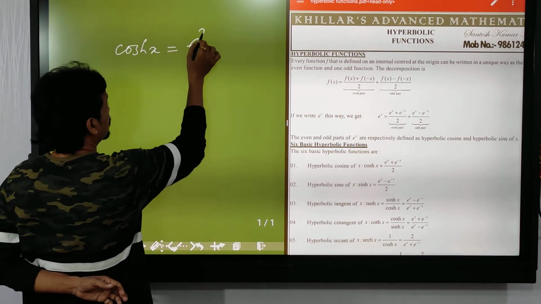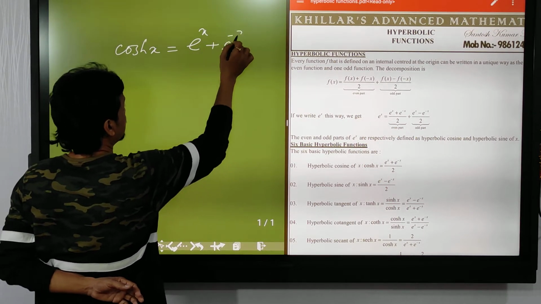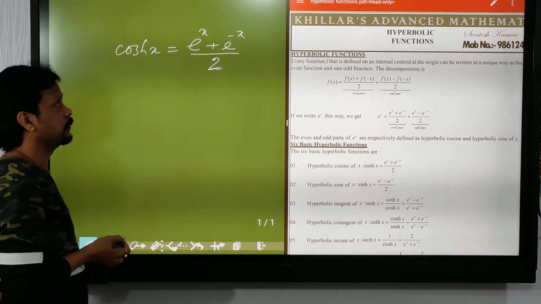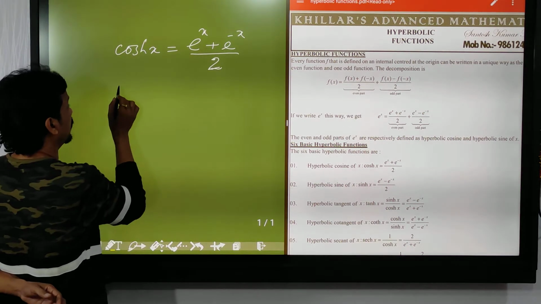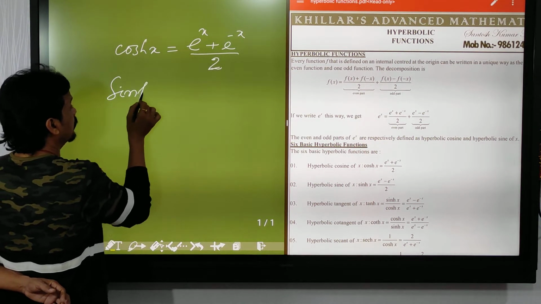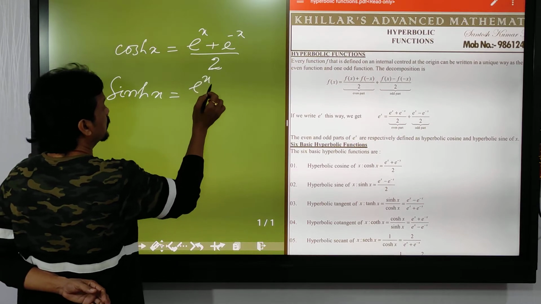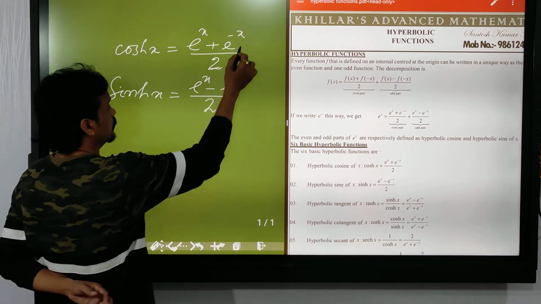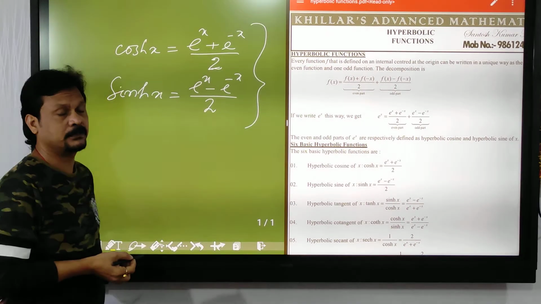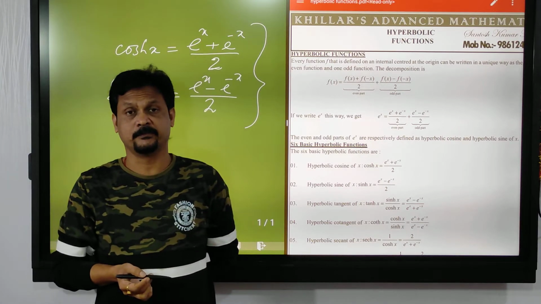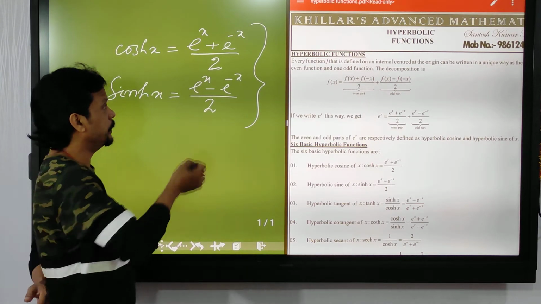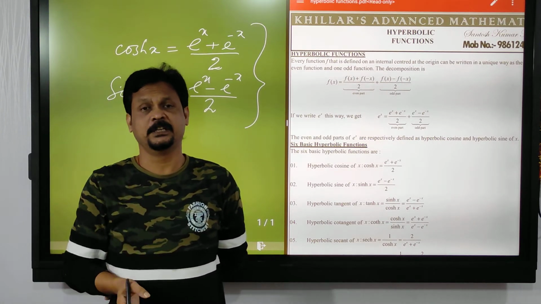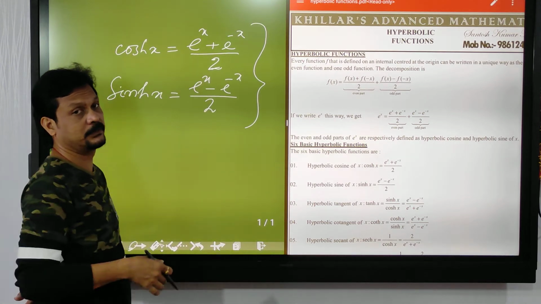Its value is e to the power x plus e to the power minus x divided by 2. This is cosh x. And similarly, sinh x is equal to e to the power x minus e to the power minus x divided by 2. These two functions are the base of hyperbolic functions. On the basis of these two functions, you can derive all the formulas.